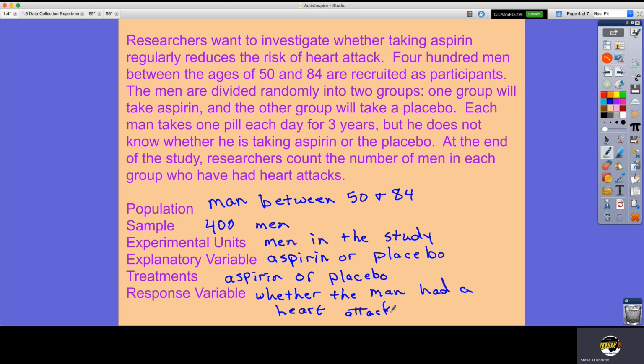So there are people whose job is to do this. They design a study and they're waiting to see whether a guy has a heart attack or not. Is this the best study in the world? Not really, because you can't necessarily predict something like that.